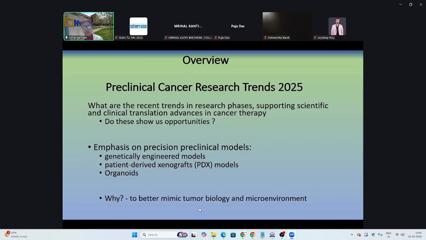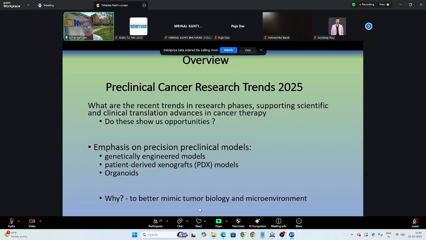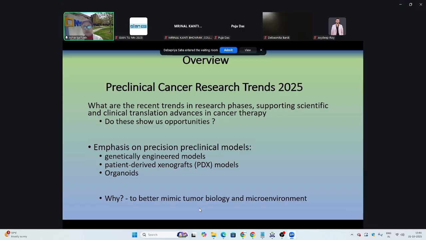trend. And the very last one is an organoid. So this is an organoid. An organoid is making a small, like a small organ, making a small organ from the cells, so from the cancer cells.